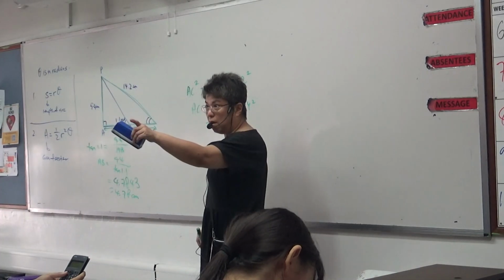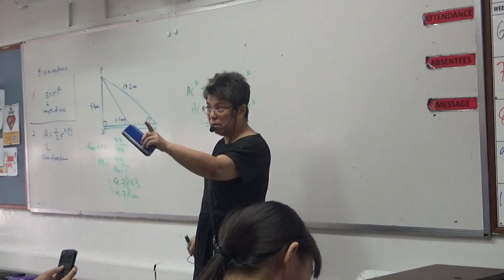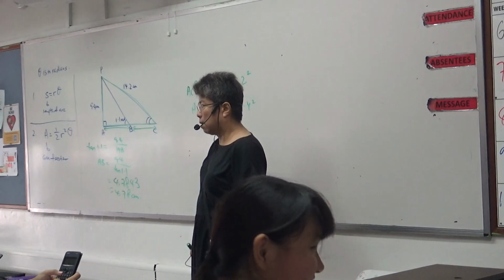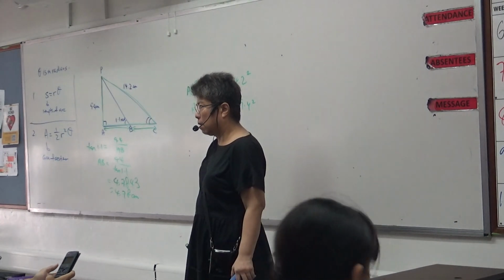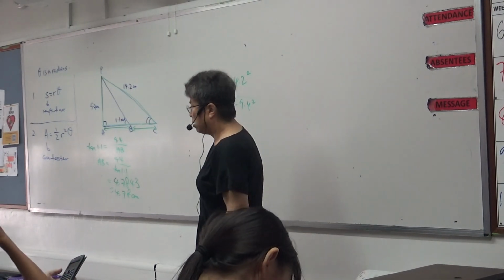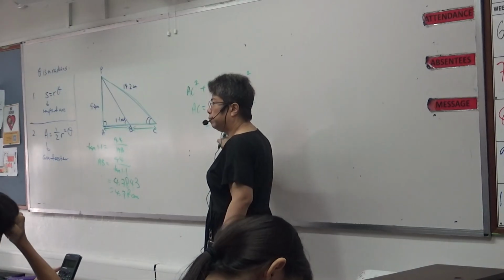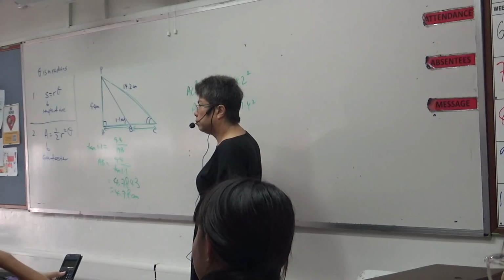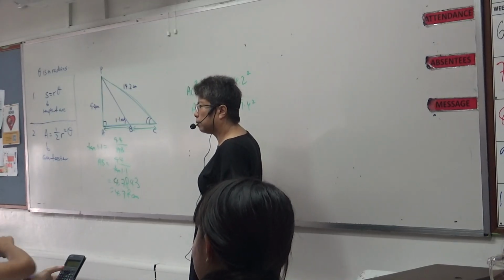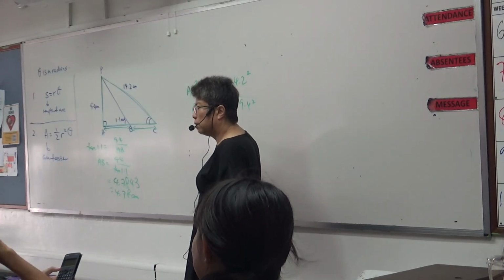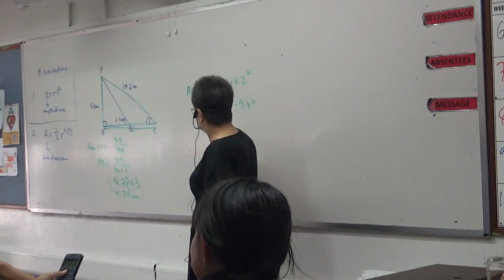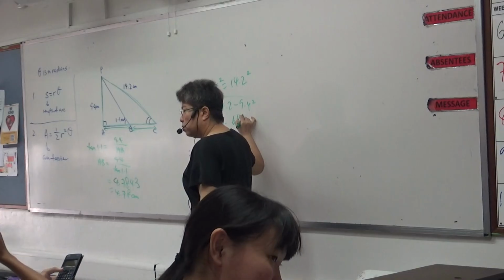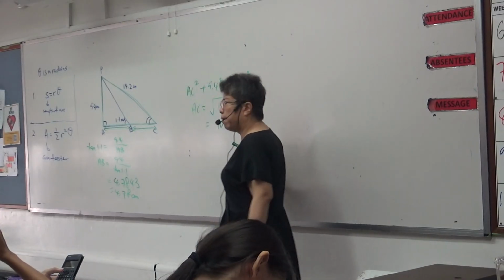Give me the answer to 5 decimal places now. I call the name, you must give me the answer. What's your answer? No answer. Aaron? 10.6436. Is this correct?